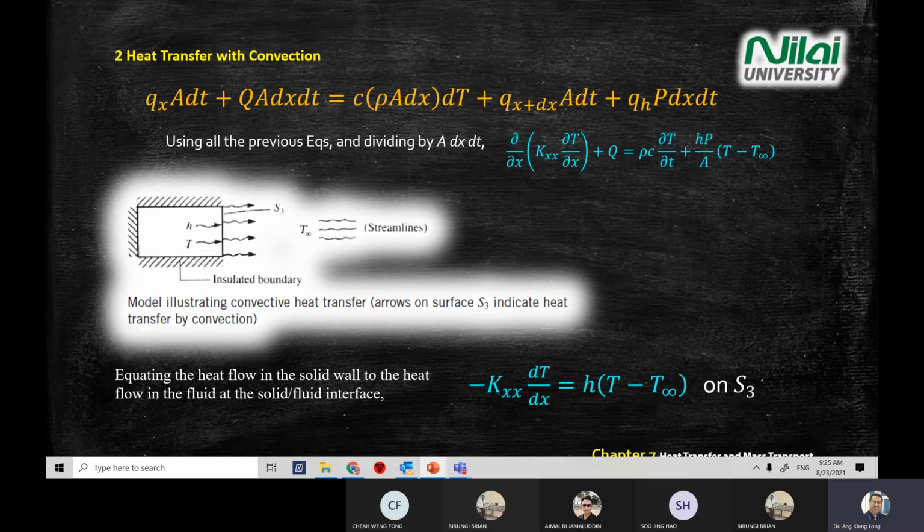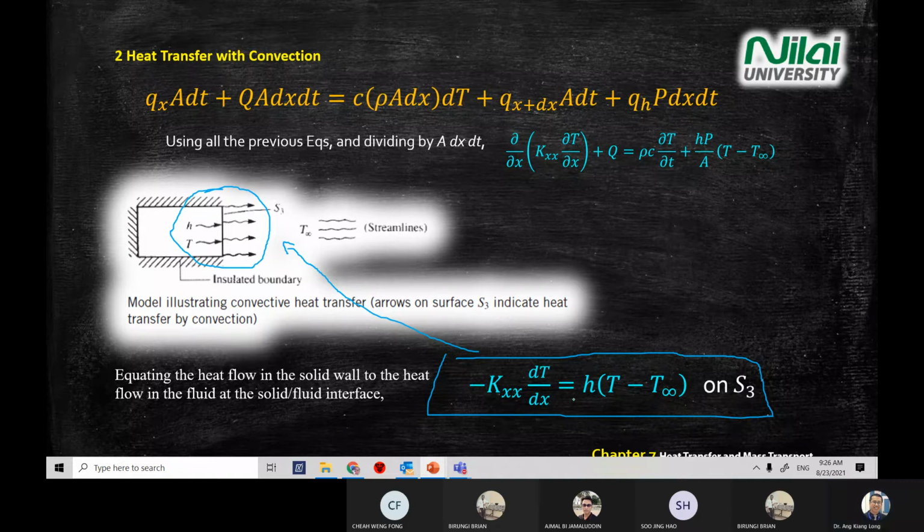This equation only applies to this diagram, where you only have convection at the end of the boundary condition of the control volume. So you use minus kxx dT over dx equal to convection happening at the end, surface number 3, S3.